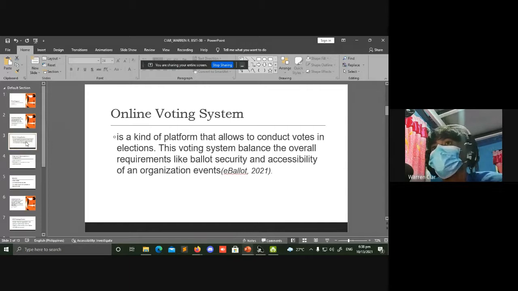So this is the overview of online voting system. Online voting system is a kind of platform that allows to conduct votes in elections. This voting system balances overall requirements like ballot security and accessibility of an organization's events.